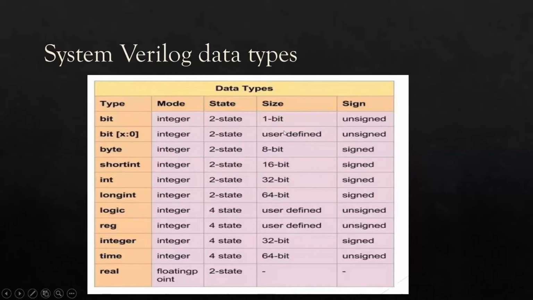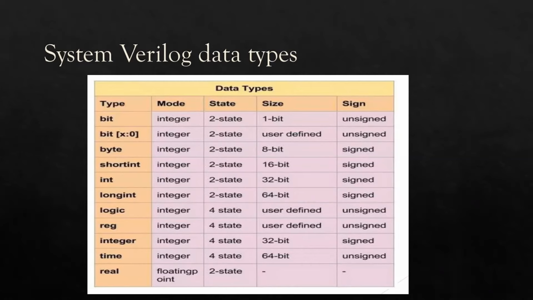So this is the size bit. If you write bit x, then x will have one bit size only. And bit [x:0] means, I want to assign 8 to a variable a. So a should be capable of 4 bits, right?